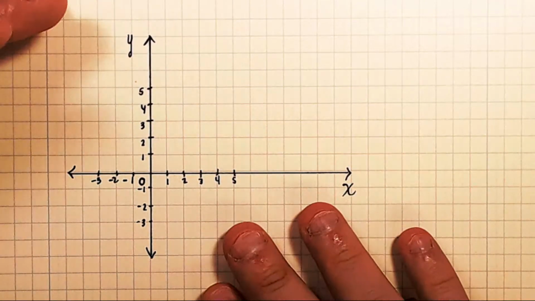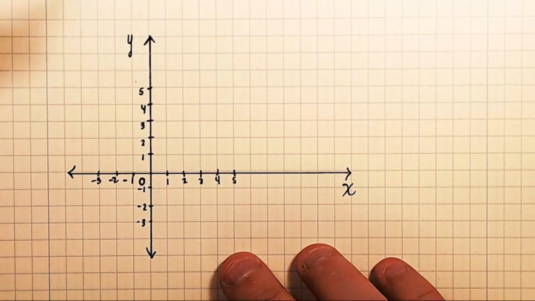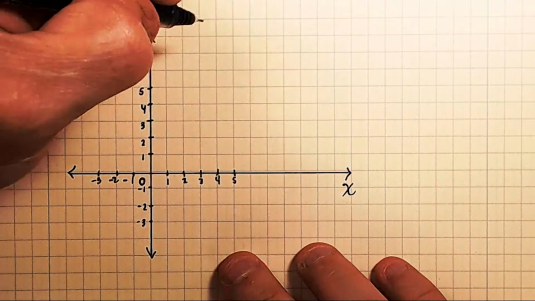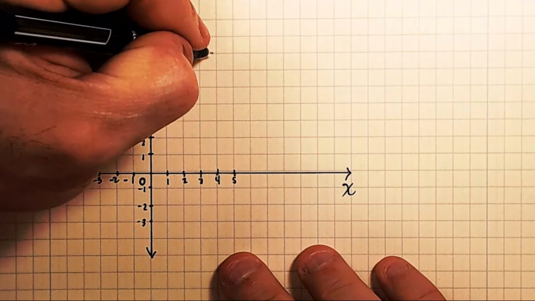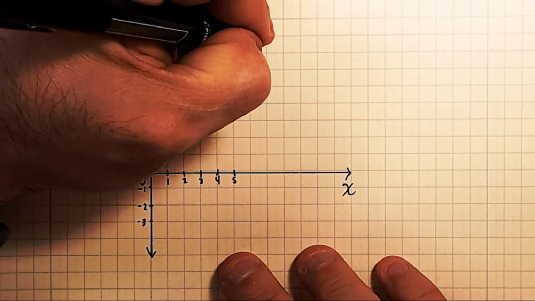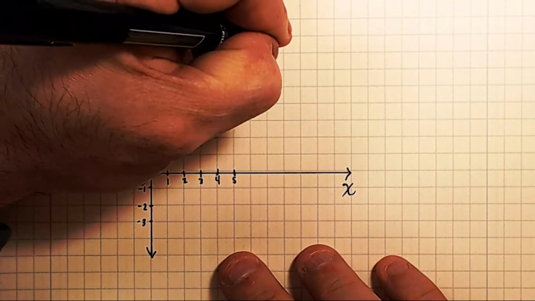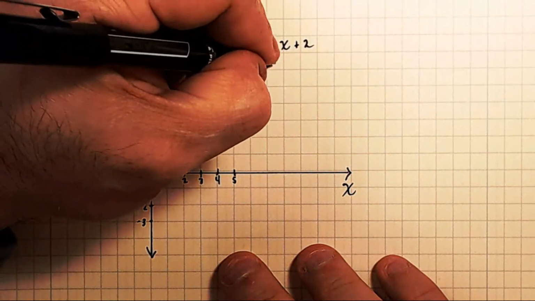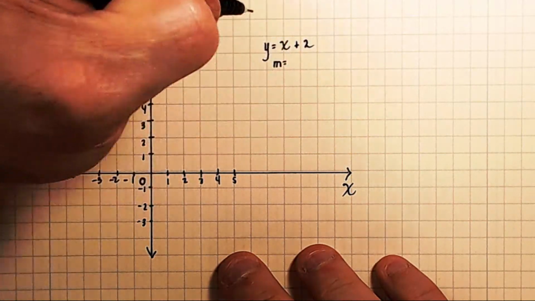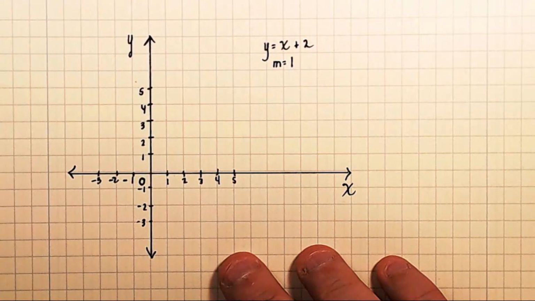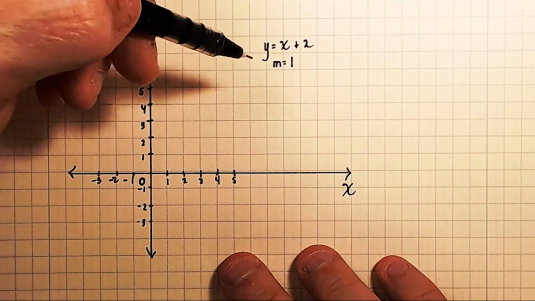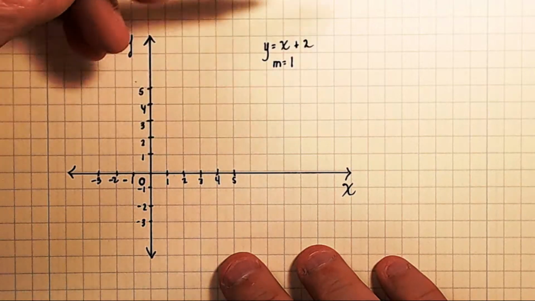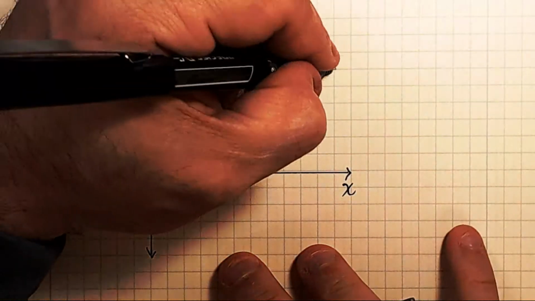So now that we've got a coordinate plane set up, we will plot y equals x plus 2. So let's examine a couple of things about y equals x plus 2. Since m equals 1 and m is a positive number, I know that the incline of the line will be upward sloping. So back to our mountain.